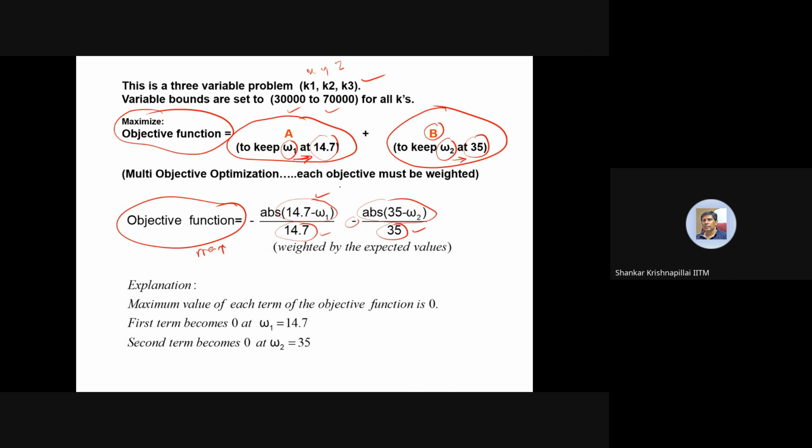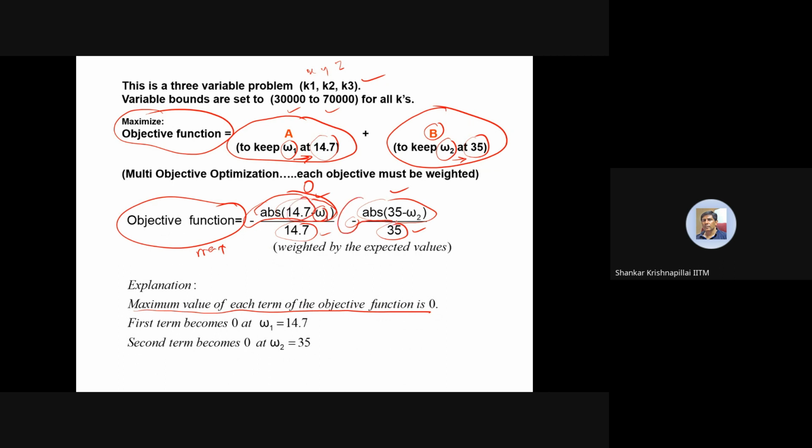Actually the numerators are more important. It can be seen that the maximum value of each term of the objective function is 0. The minus of the absolute value of 14.7 minus omega 1 will reach a maximum value of 0 when omega 1 equals 14.7.